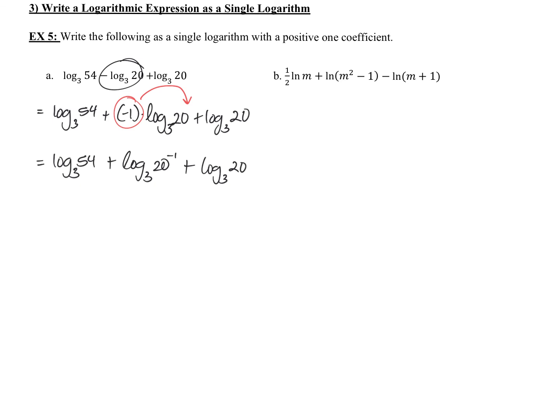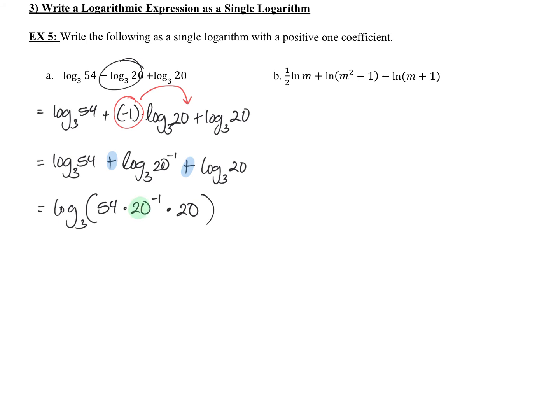Now, these are all addition. So remember, if they're all addition, the opposite direction of this will become multiplication of the arguments. So we're going to keep the log base 3 and multiply the arguments. That'll be 54 times 20 to the -1 times 20. Now, can we simplify the arguments?